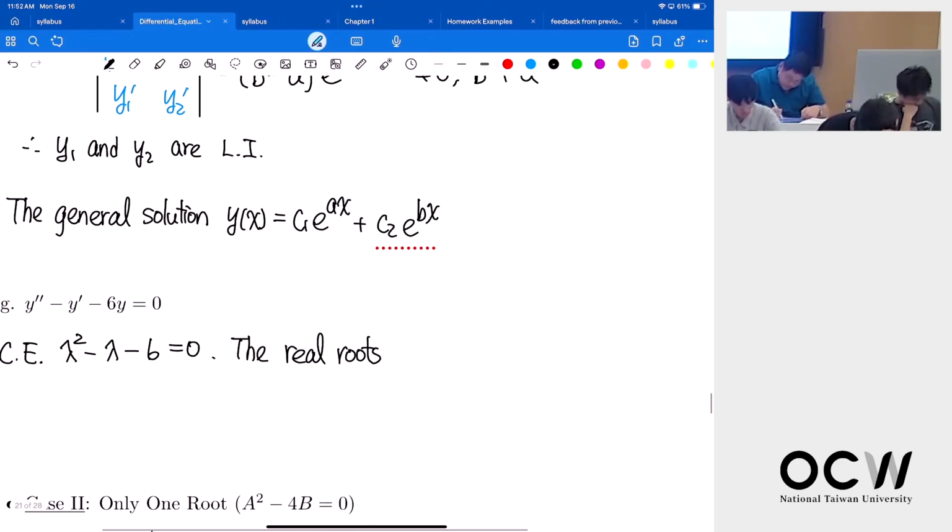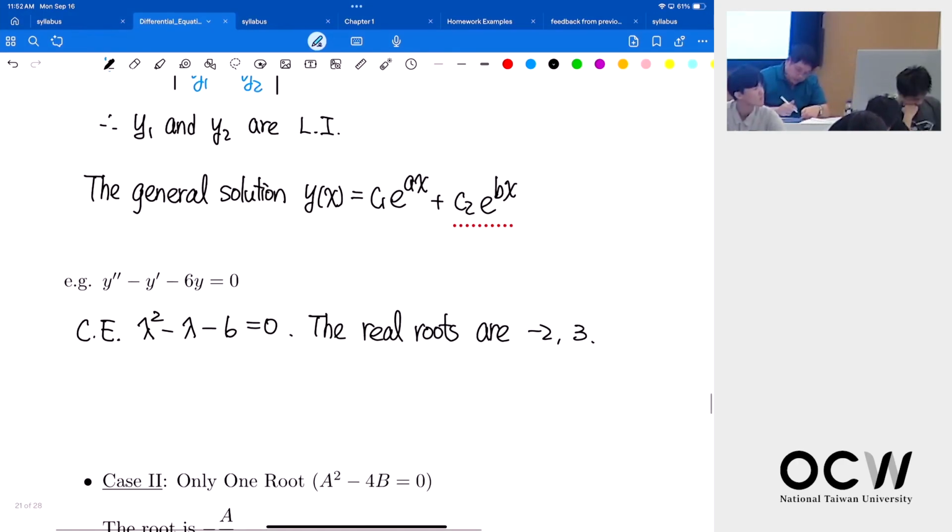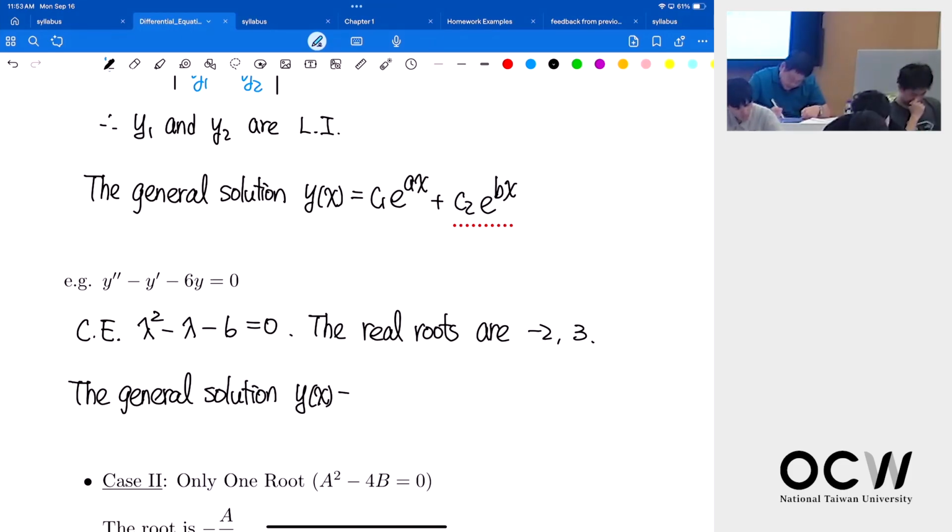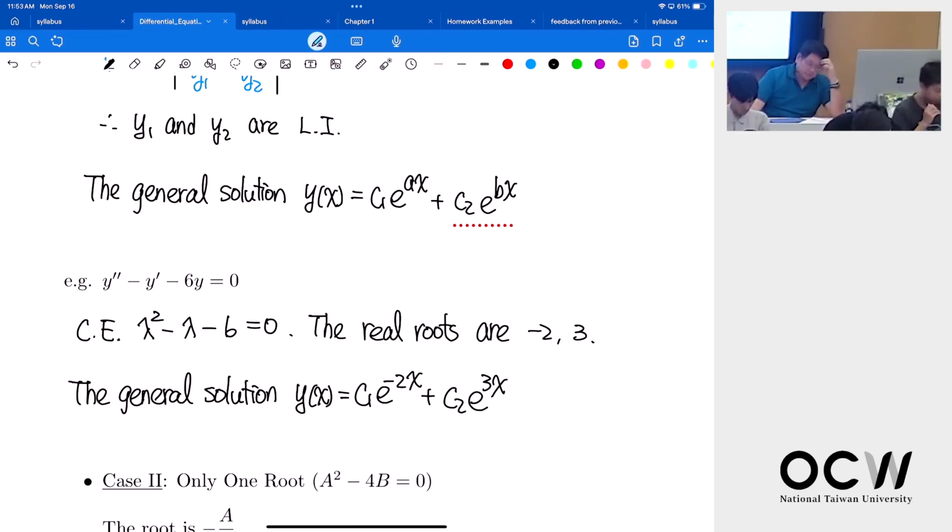The real roots are minus 2 and 3. So the general solution y is c1 e to the minus 2x plus c2 e to the 3x.